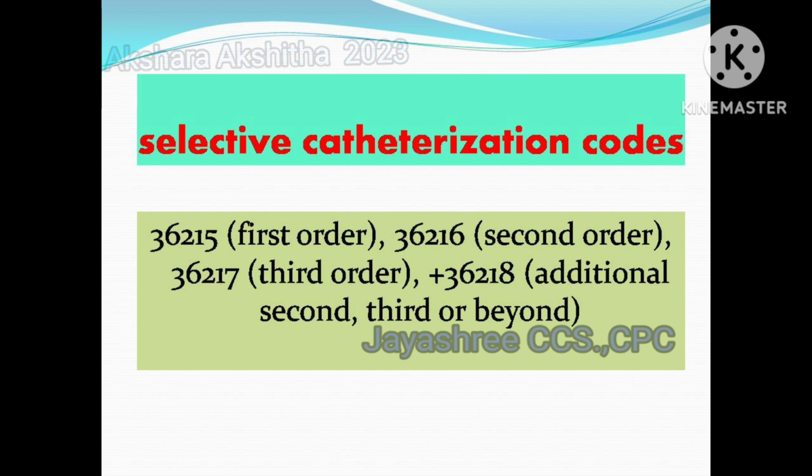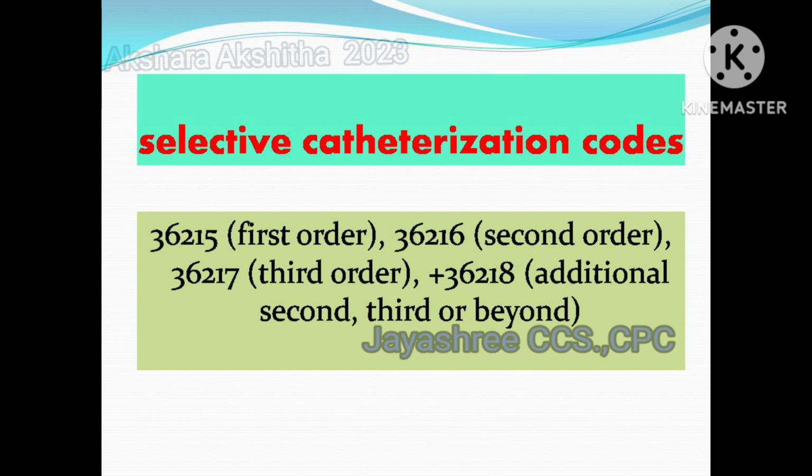That means thoracic or brachiocephalic branches are 36215, 16, 17 and 18. So that means above the diaphragm arteries are considered as this set of CPT codes.